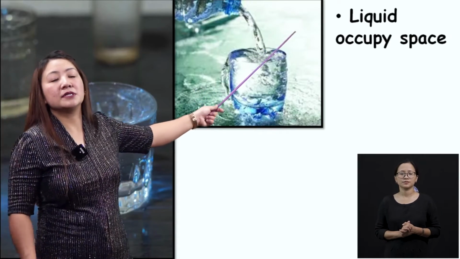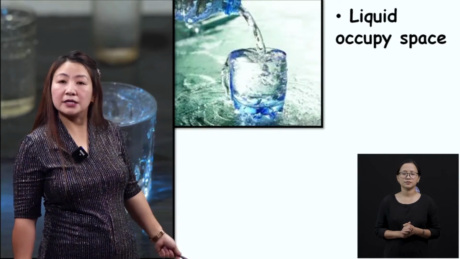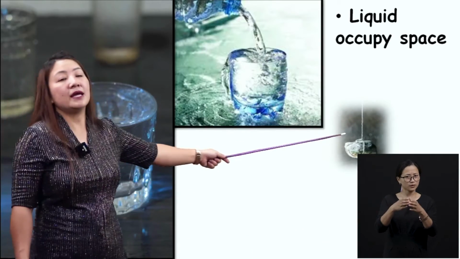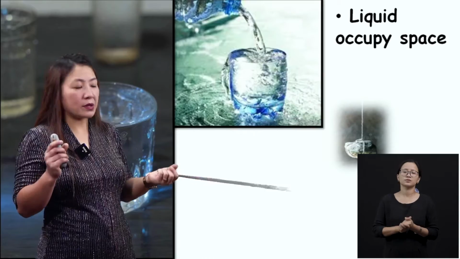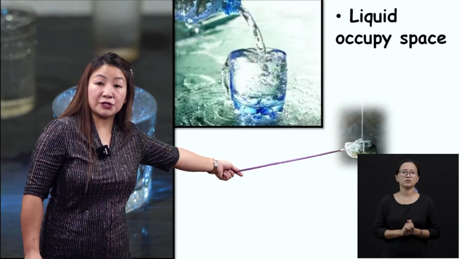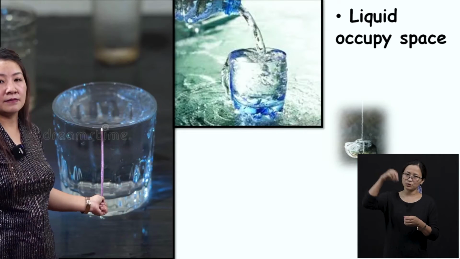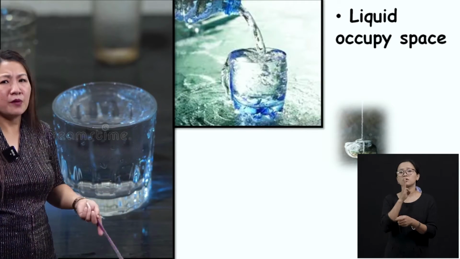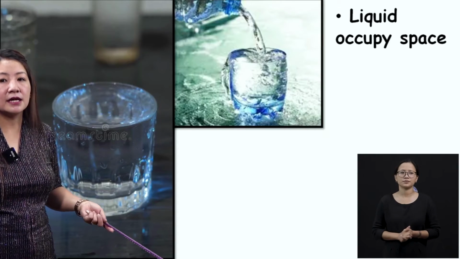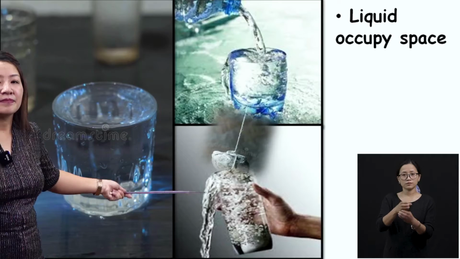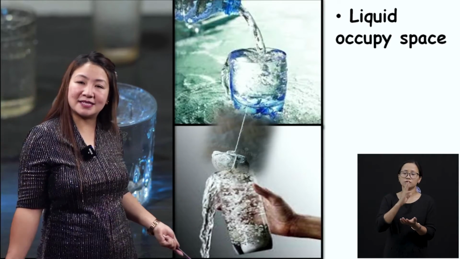so from here we see that liquid occupies space. Okay? Then take a small rock, okay, tie it with a string like this. Can you see? Yes, tie it with a string like this and put it in a glass full of water. Okay, what will happen? Let us see. If we put in this glass of water, then again the water spills.